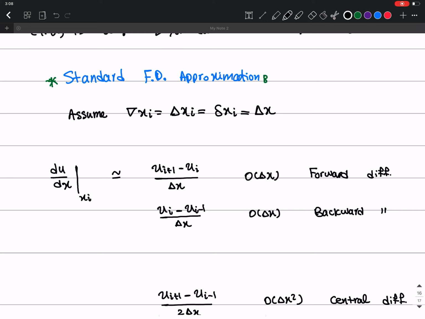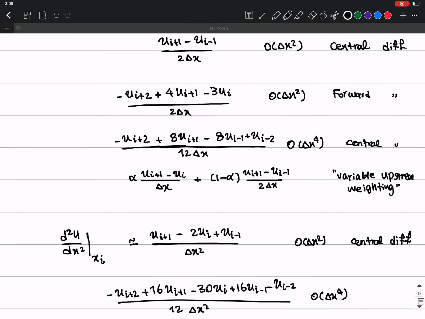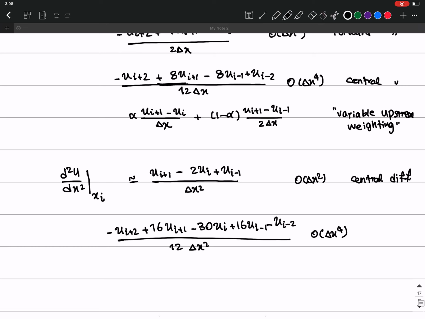In the next lecture, I'm going to solve an example in which we are going to find the truncation error of the advection diffusion equation for a particular finite difference approximation. So we are going to find a truncation error of a finite difference approximation.